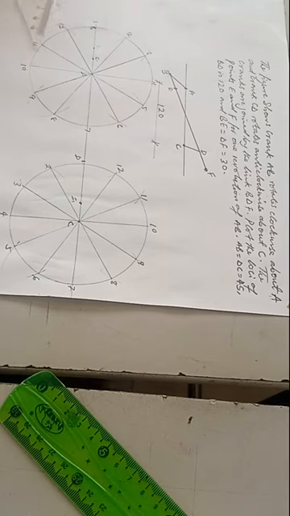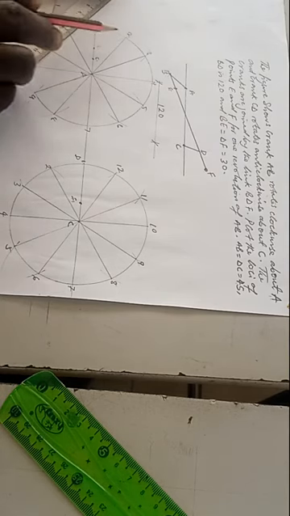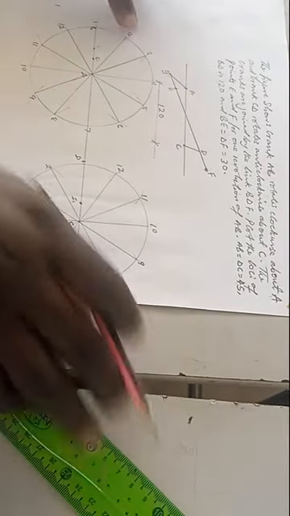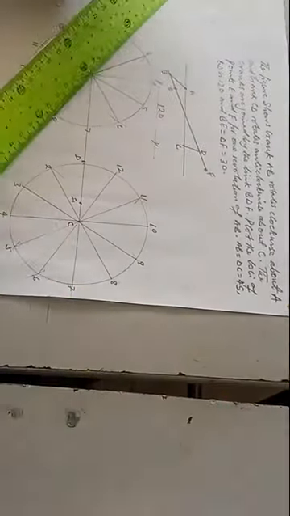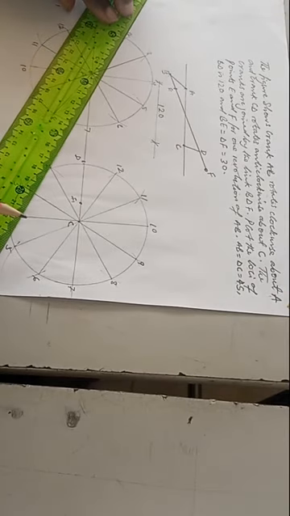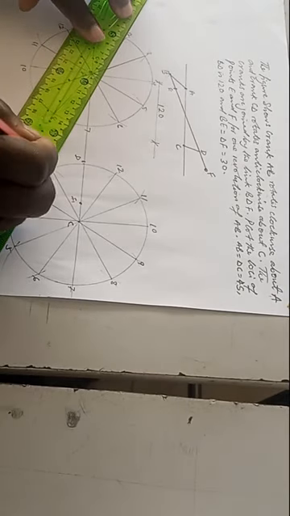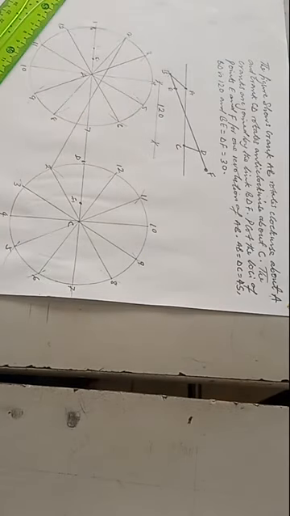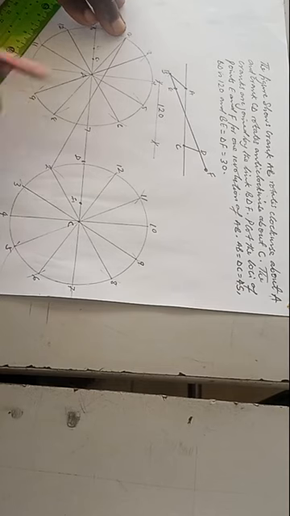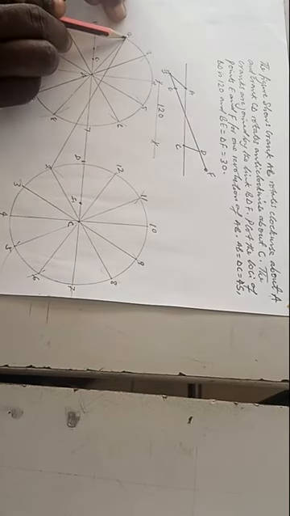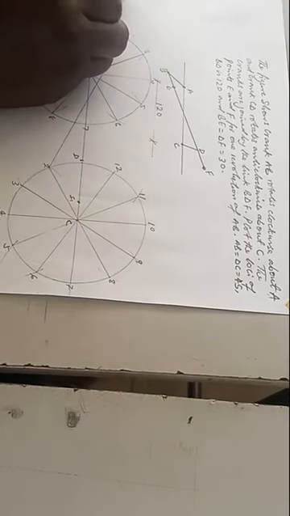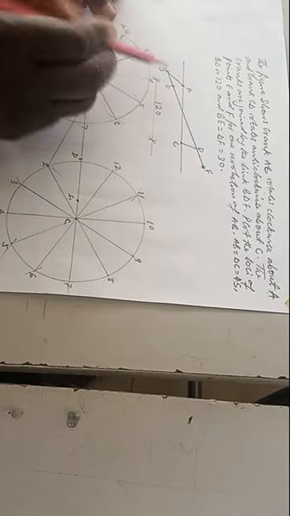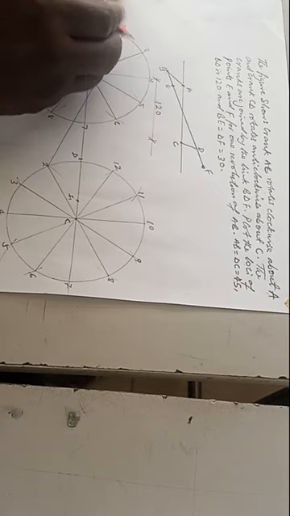Now the next one is 2. You connect the two of them together. When this one is here, this one is here. So you connect the two of them together like this. This will represent A2. Then B2, because B is on the circumference.